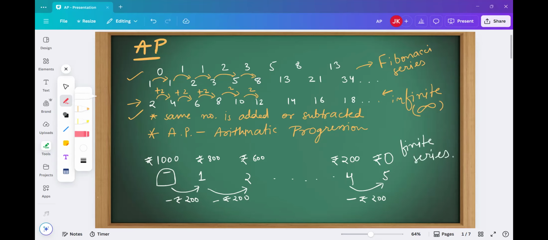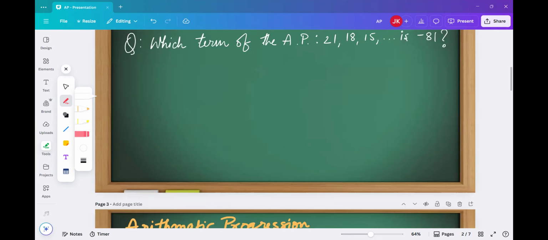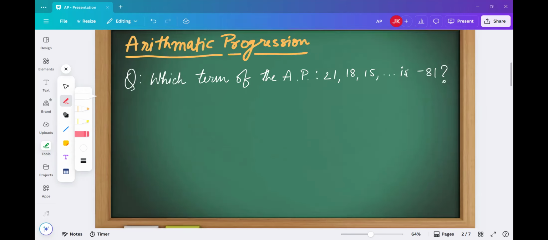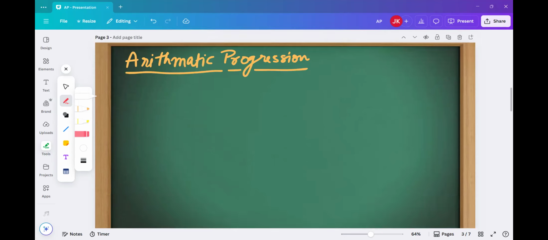A series, for example, has one, two, three, four, five terms. Now I just said the word term, so let's understand what a term is. This is a question that we are going to solve, but first let's understand the concept.